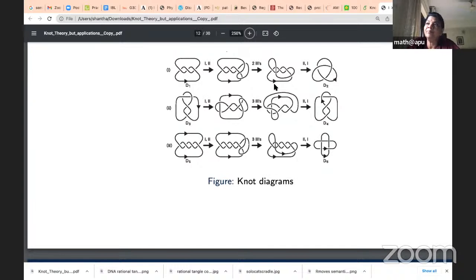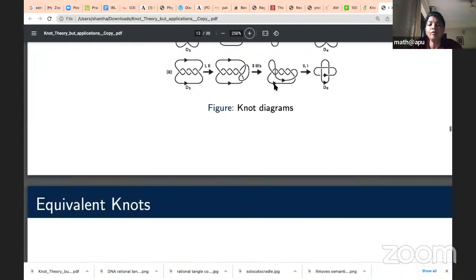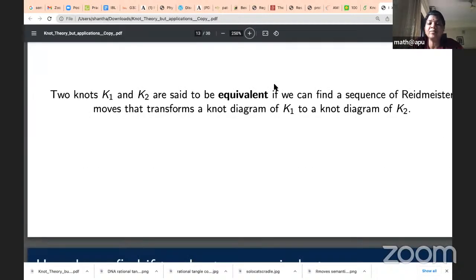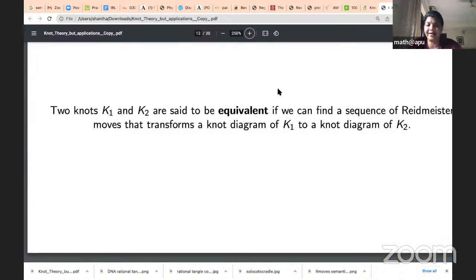Would that imply that the knots are not equivalent? No, that is not true. Just because we have failed at something doesn't mean that. So the question is, given 2 diagrams, how do we know whether there is a sequence of Reidemeister moves or not? Does this question seem okay to everybody?